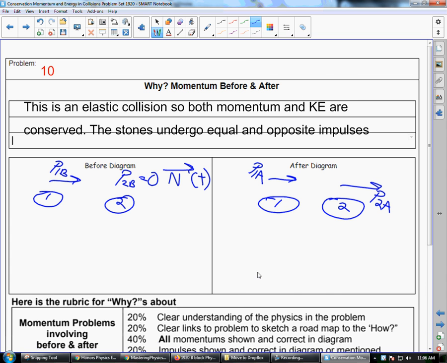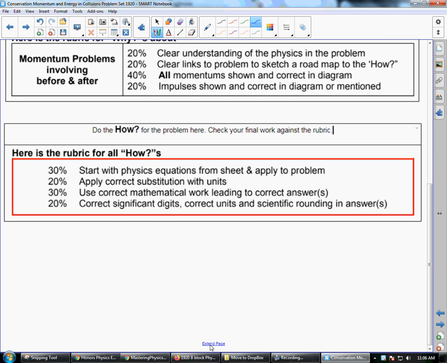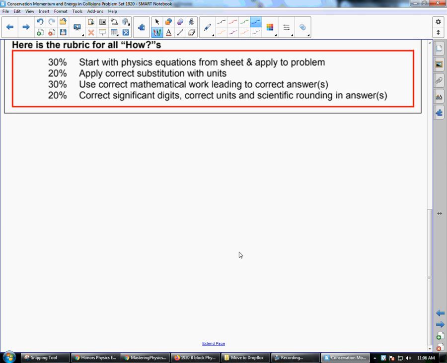Good? Okay. So that diagram actually gives me my starting equation. That momentum 1 before plus momentum 2 before, both those being vectors, equals momentum 1 after plus momentum 2 after.